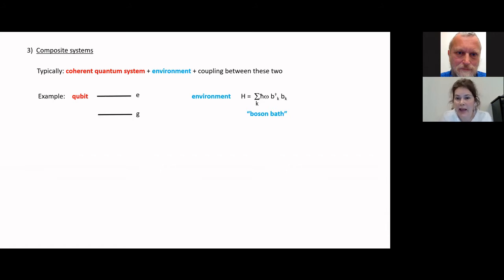So b dagger k is the creation operator for mode k. Boson bath. It will also come in the book and in the lectures.